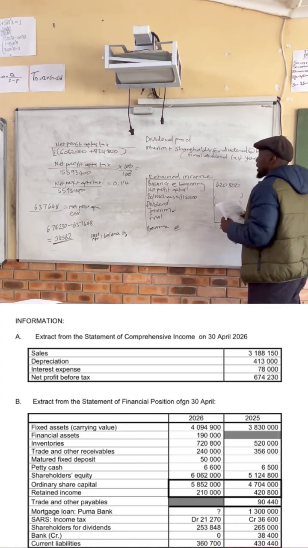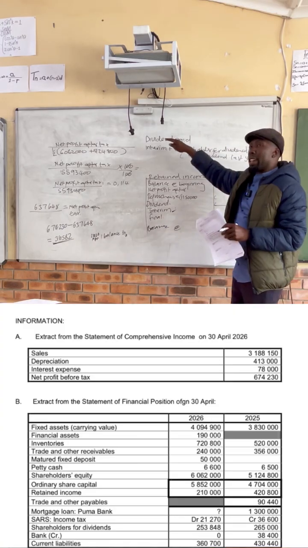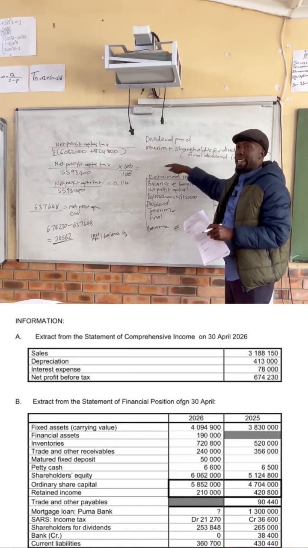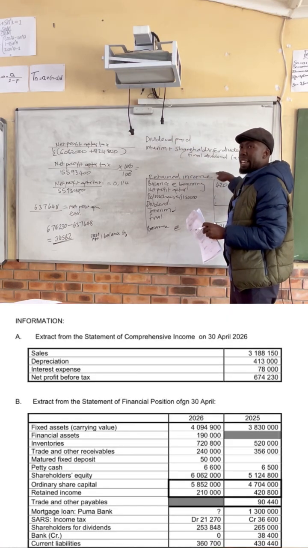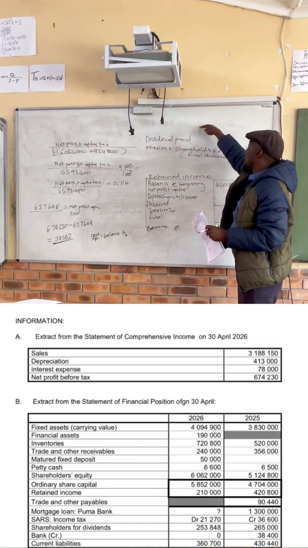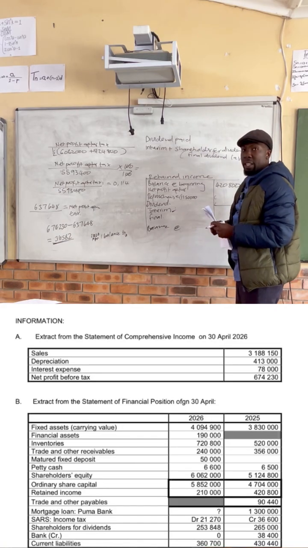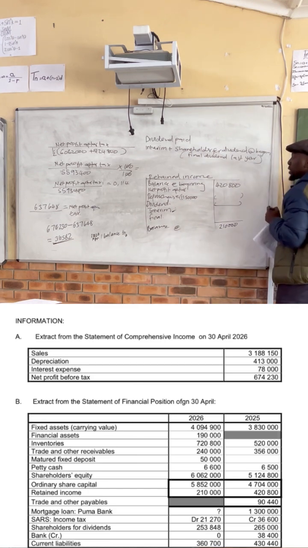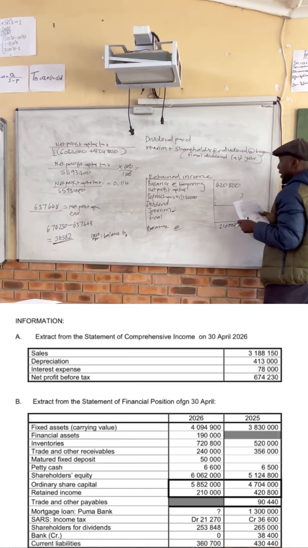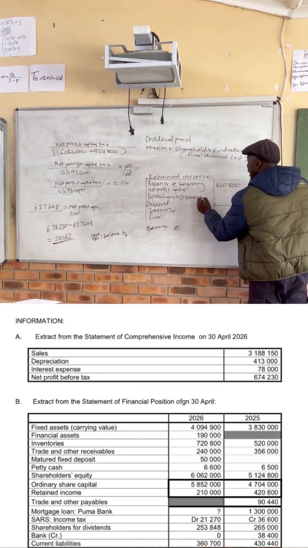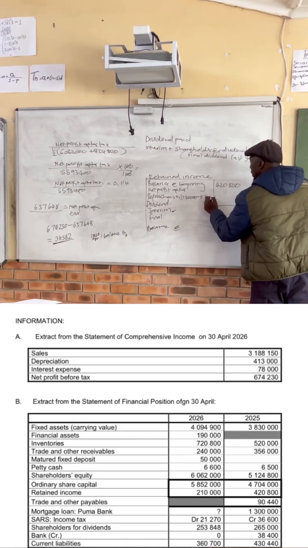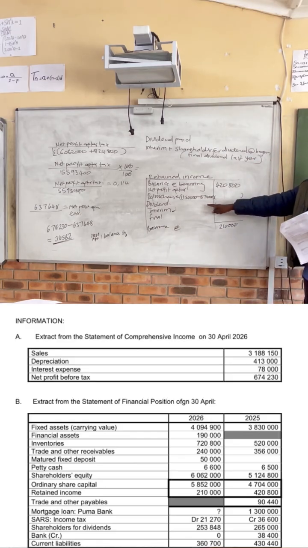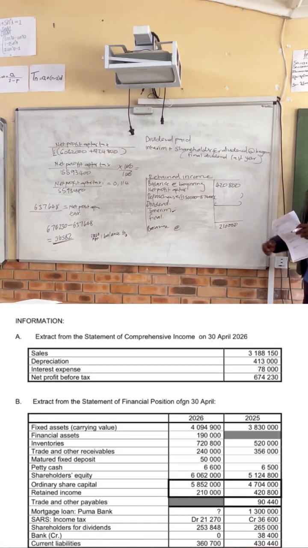If you still remember the triangle, guys, that we did last time, where we have cash flow, ordinary, and retained. So we're going to get the difference. That one minus that one, we get this one. So already we are given the amount for cash flow, which is 1,150,000 minus 874,000. That is what we got from our ordinary share capital, the average share price there.